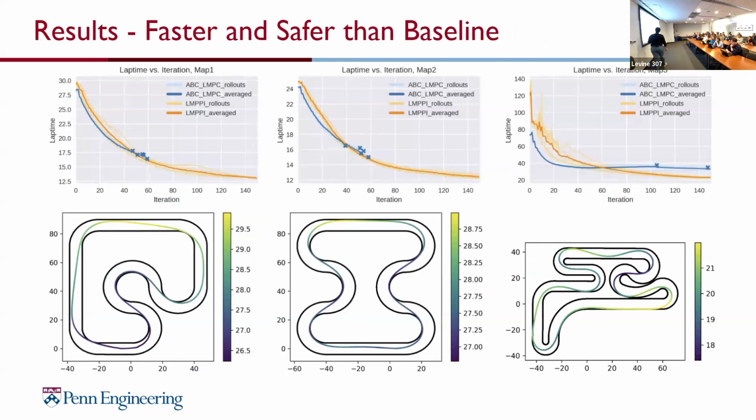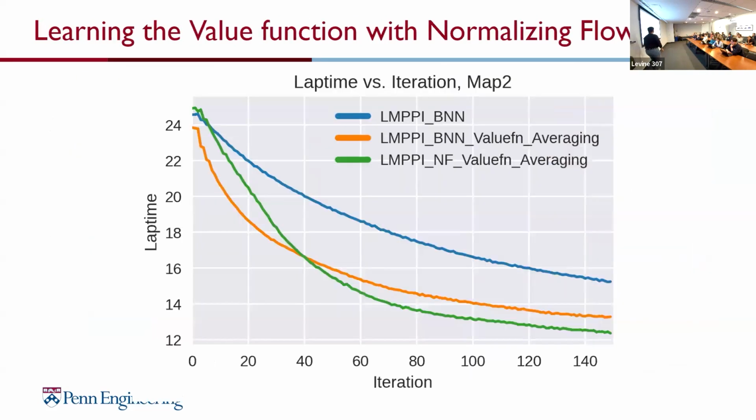We can see that for many of these trajectories, ABC-LMPC actually fails, whereas our IT-LMPC remains safe while still iteratively improving on the performance. And we also experimented with different models to learn the value function. And we ended up using normalizing flows because they provided the best performance in terms of learning performance and safety.